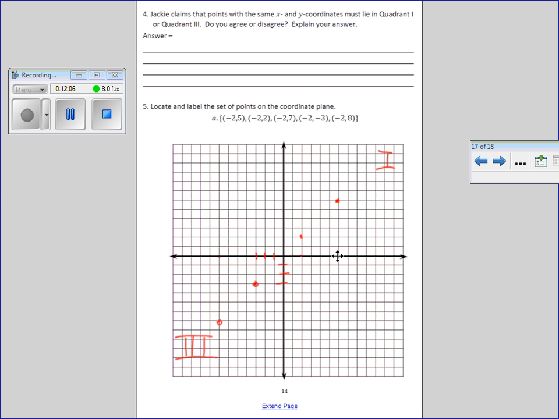Lauren. 0, 0. 0 is an integer. They're both the same. It doesn't lie in any quadrant. So therefore, technically, you have to disagree. By the way, Lauren, come up and get a ticket for that one. Disagree, and the only exception is 0, 0.